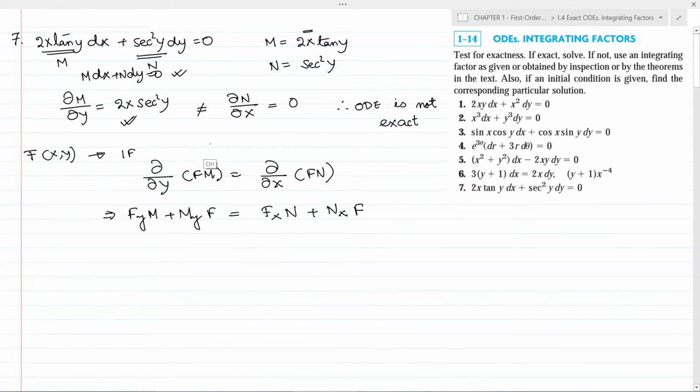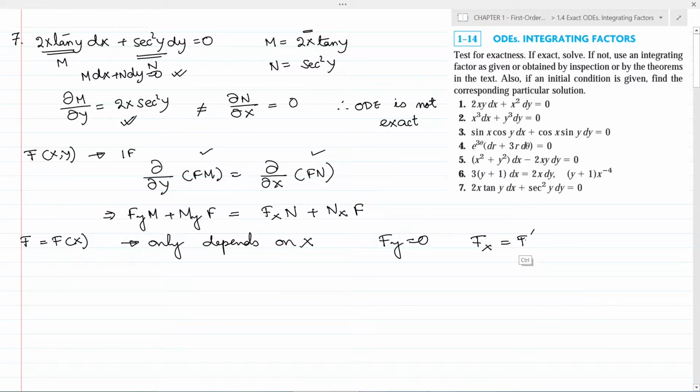We got this by using the product rule of differentiation on both left hand side and right hand side of this equation. Now let us assume that the integrating factor f only depends on x, that is f equal to f(x) only depends on x. Then we can write f_y equal to 0, or partial differentiation of the integrating factor f with respect to y would be equal to 0, and f_x, or partial differentiation of f with respect to x, would be equal to f dash, or normal differentiation of f with respect to x.